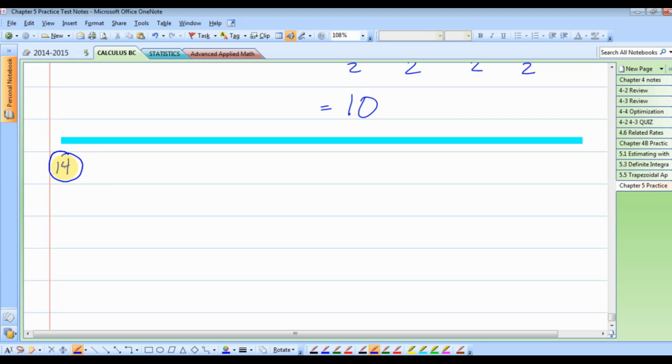Let's consider the integral from 2 to x.